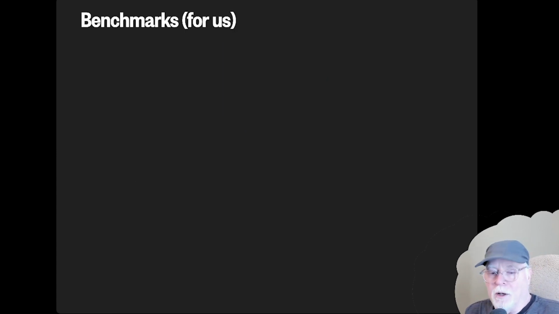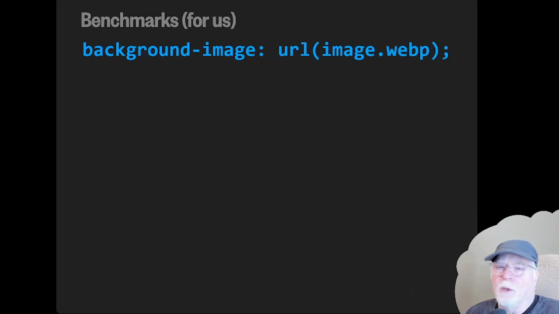So let's do a quick benchmark here just to see where we're at in the room. Also, this is sort of a takeaway list too, of sort of a pretest. So what language is that? That's CSS. And what does it do? It puts a background image into any HTML element that you apply it to.